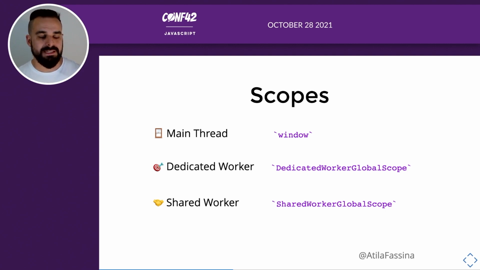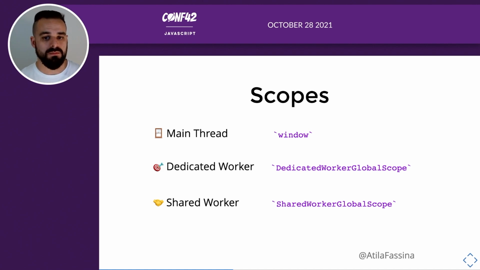So that means that once we execute code in a worker thread, we need to be aware of the scope we're in if we need to interact with the global scope. And we'll see that we need to interact with it to send messages to the main thread.